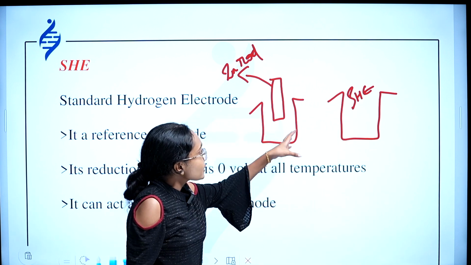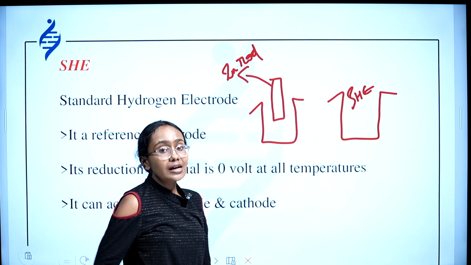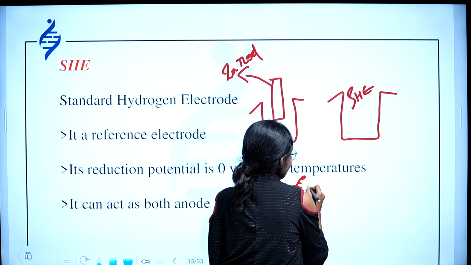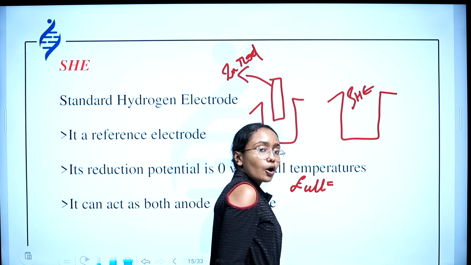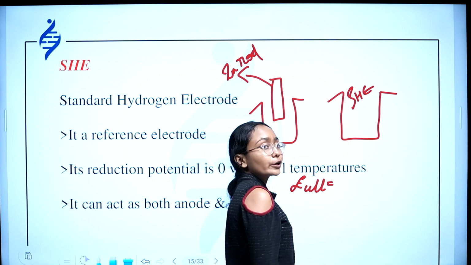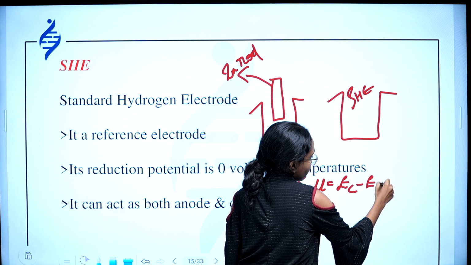So I need to find the potential of the zinc rod using the standard hydrogen electrode. How is it found out? We know the equation for the cell potential: E cell is equal to E cathode minus E anode.